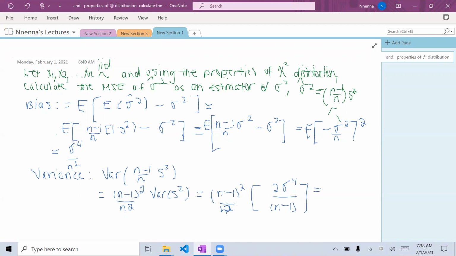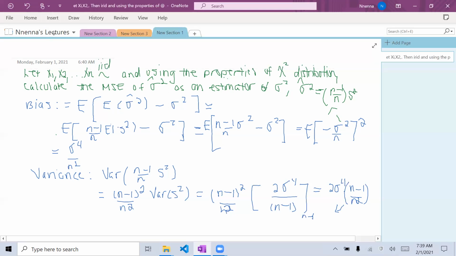You're going to end up with something that looks like this: 2 sigma to the 4 times this limiting ratio of n minus 1 over n squared. So don't forget the squared in the bottom. What is interesting to see is that this limiting ratio looks almost like 1 over n. To be just a little bit pedantic here, n minus 1 is like n.